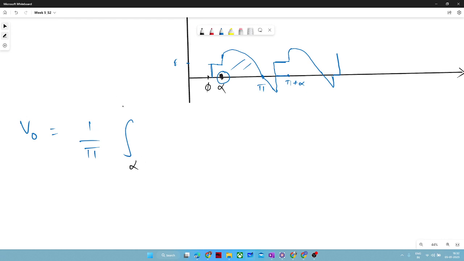From alpha to pi plus gamma, it is following the supply, so Vm sine omega t.